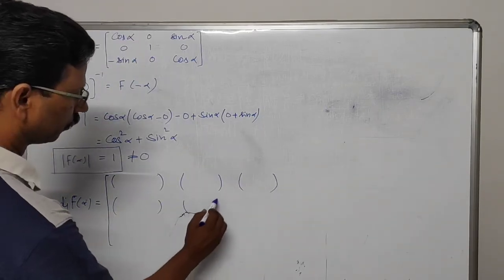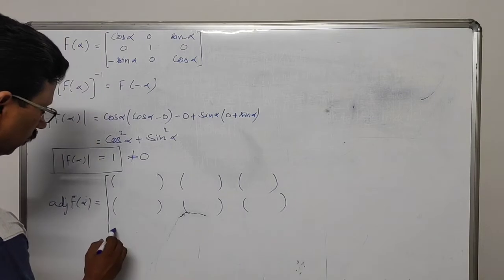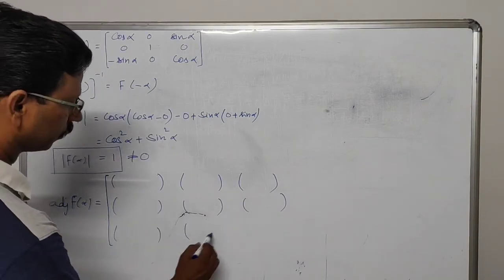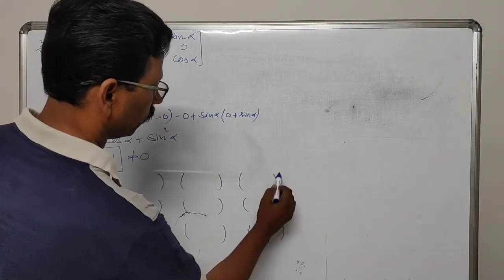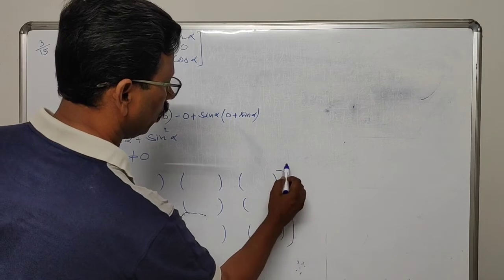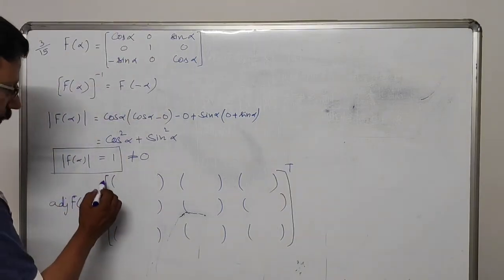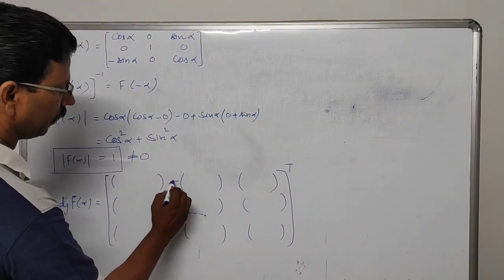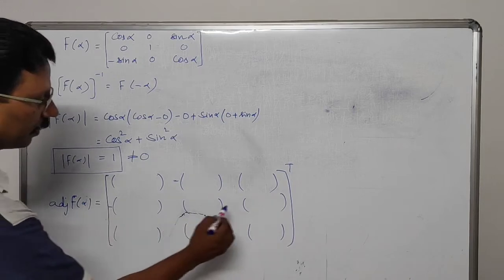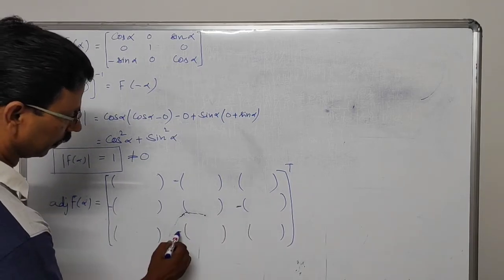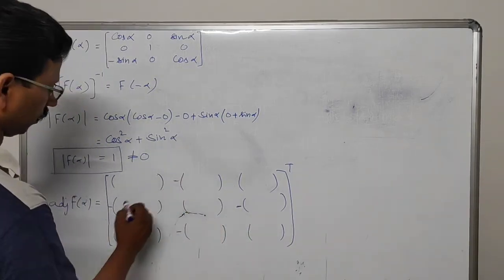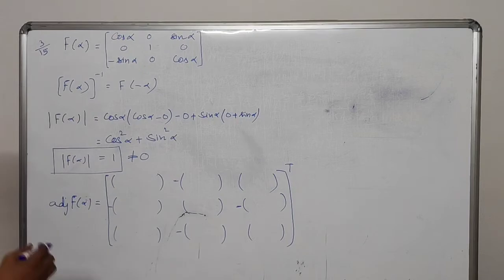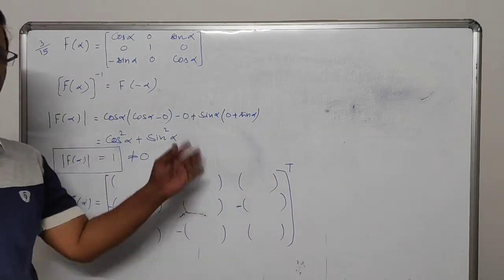For the second row, this is for the third row, for this whole transpose. As I told, the signs plus, minus, then you can put a minus here, then minus here. Or else you can put alternatively plus sign and minus sign.